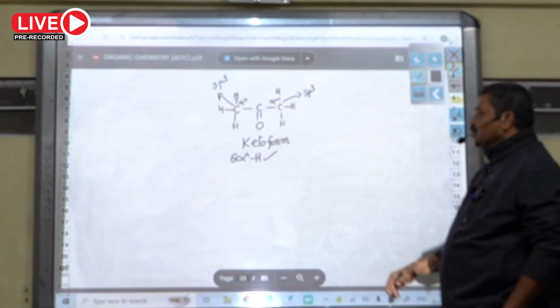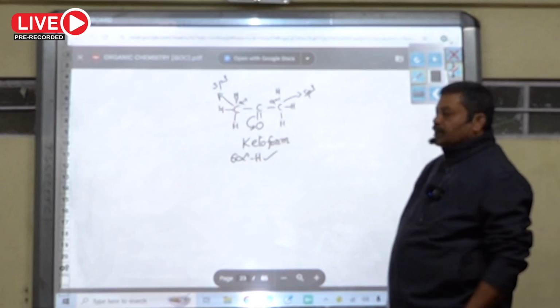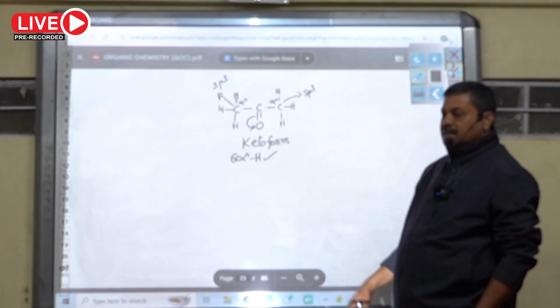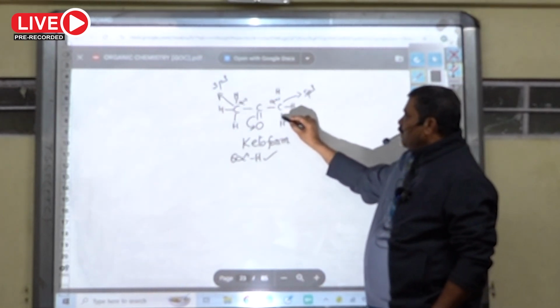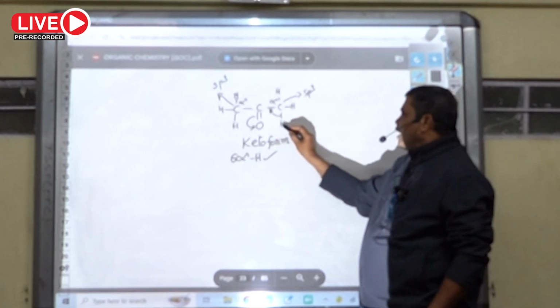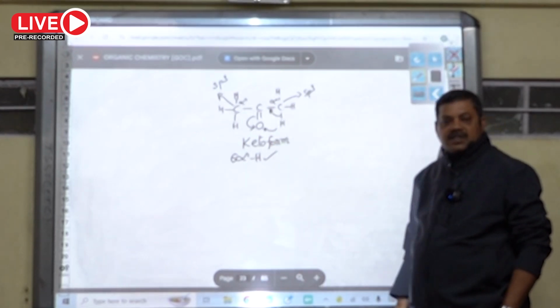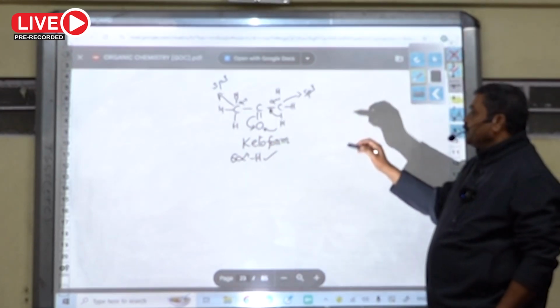So what is the rearrangement that is going to happen? The C double bond O pi bond shifts towards oxygen. One of the C-H bonds shifts between C and C. H plus will migrate to O minus. So this is called tautomerism.